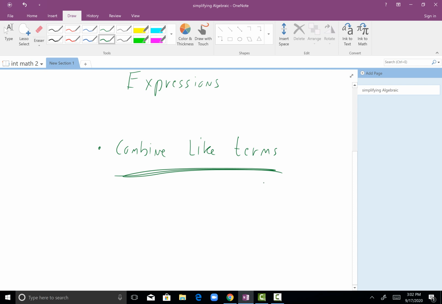So that's important. When you have any type of a variable and a number, like a 3x and a 7x, those are like terms because they are the same. If we have a 3x and a 7x squared, those are unlike.